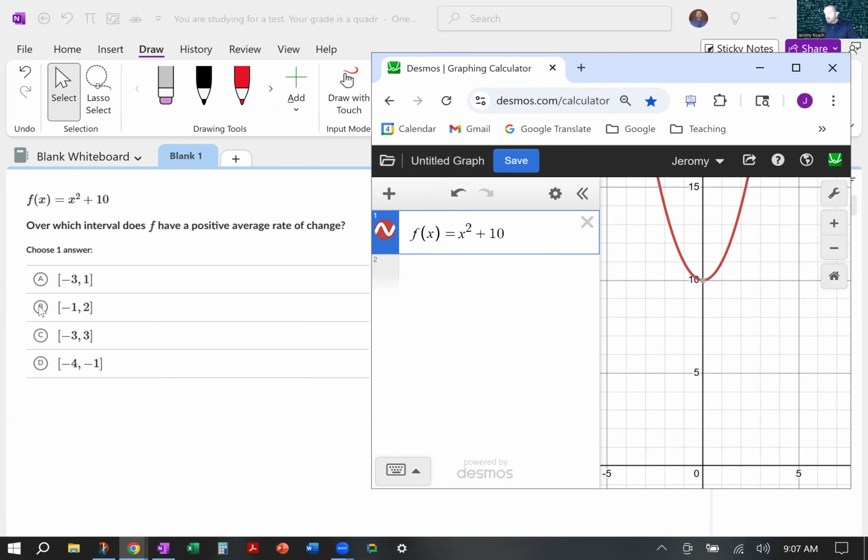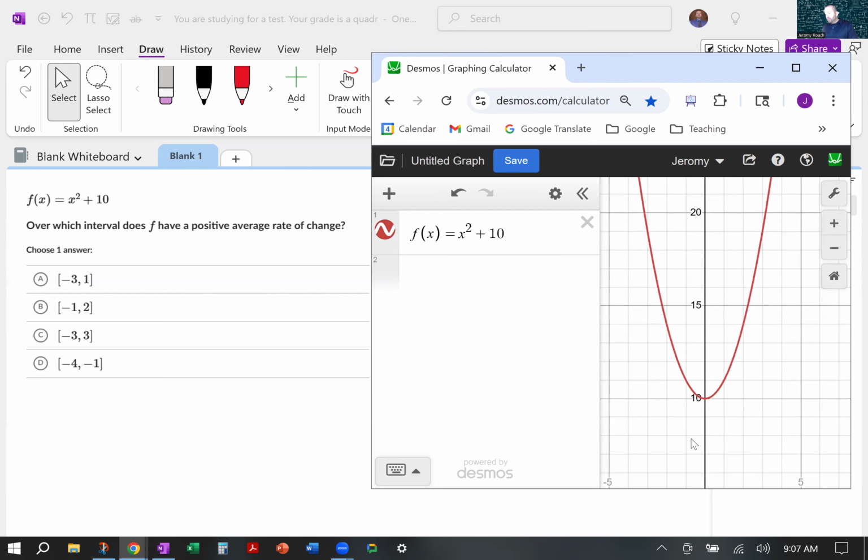So we'll put B as our answer for now, but let's check the rest just to make sure. -3, 3. These are still going by ones here. -3, and then if we go to +3, that would be here. That would just be a flat line, and that would be a 0 slope.